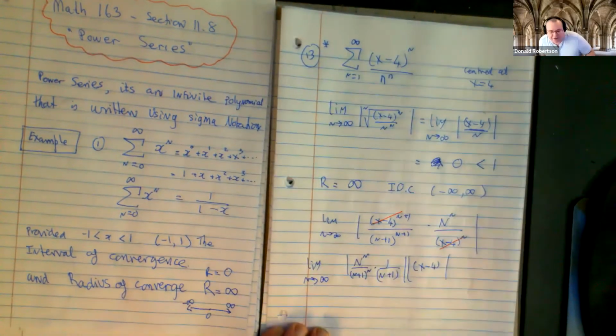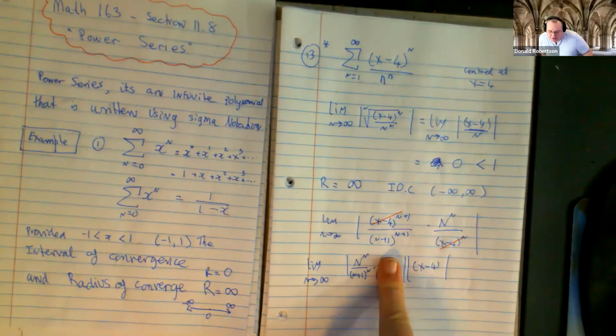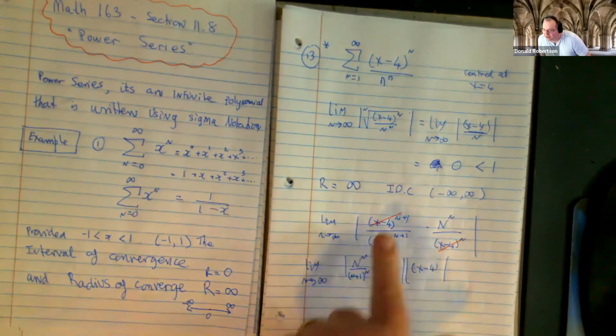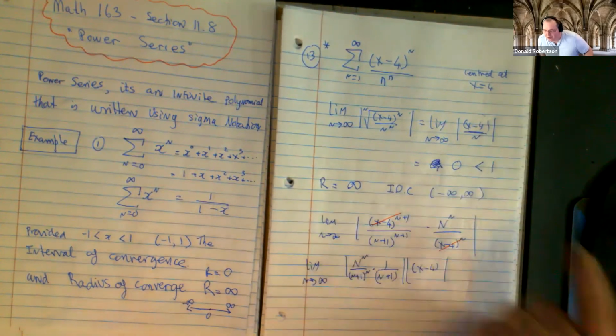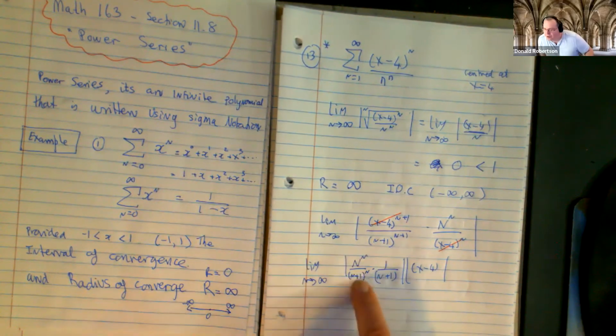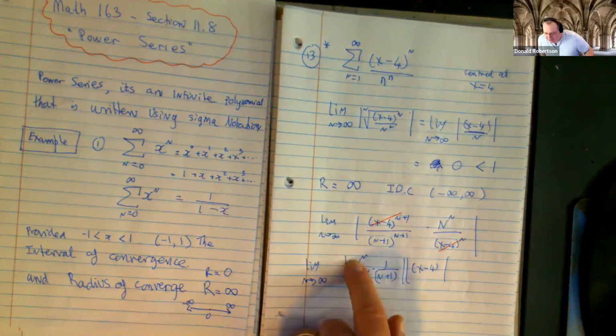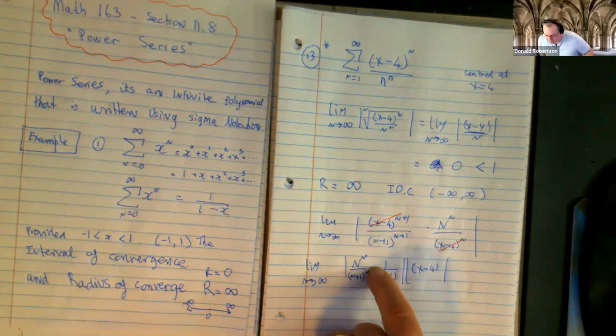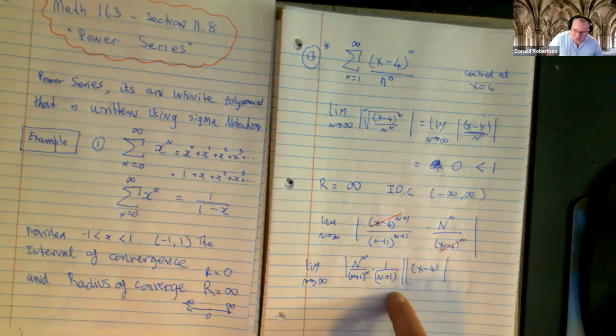Now, there's a bit of work to do with n to the n over n plus 1 to the n. Can you remember that guy ends up being a version of e eventually? But isn't that guy e over n plus 1? And won't e over n plus 1 get you 0 and you're back to the same answer? But you would have to do a fair amount of algebra to prove that limit. You'd have to combine it into a single fraction and turn it upside down. It ends up being e to the negative 1, but times 0, essentially. So it dies.